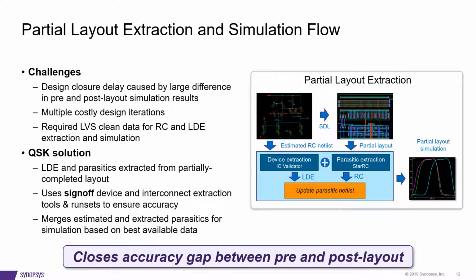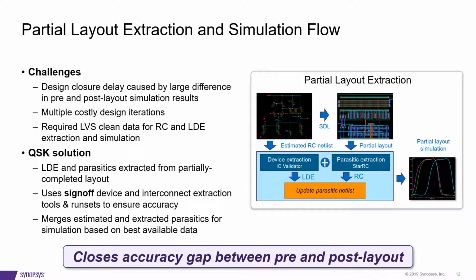After talking to customers, we observe there is often a large difference between pre and post layout simulation, resulting in design closure delays. Traditionally, for RC and LDE extraction, I need LVS clean data. Typically, schematics have estimated parasitics, but analog designers need a way to rerun simulation using best available information from layout.